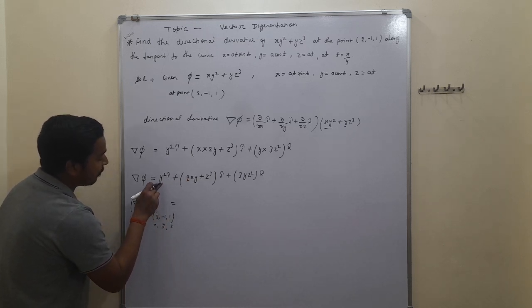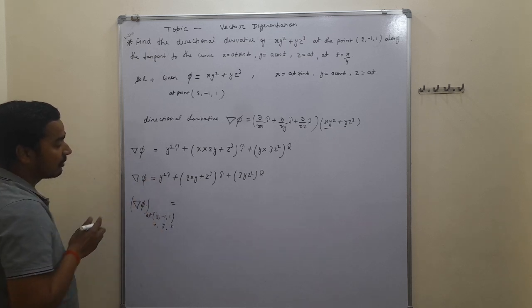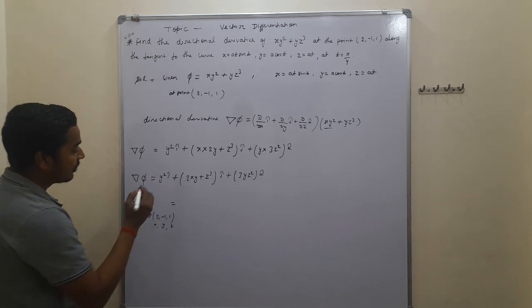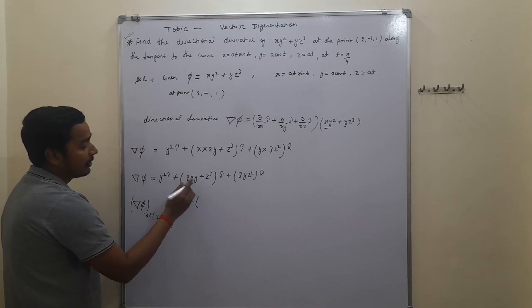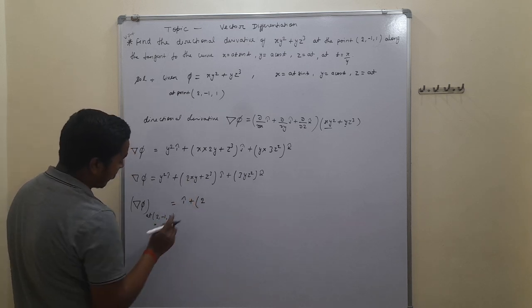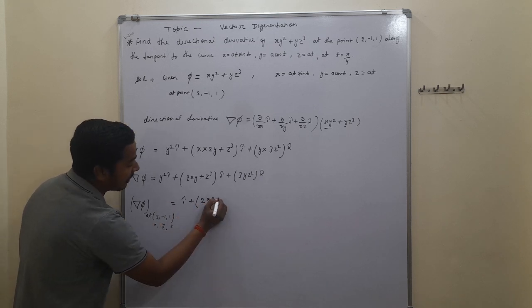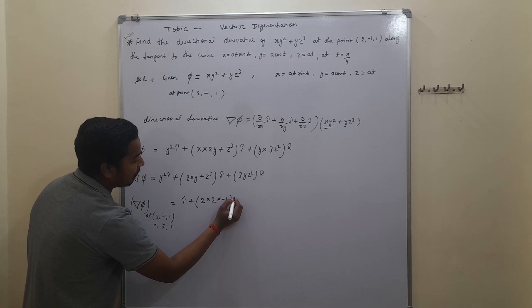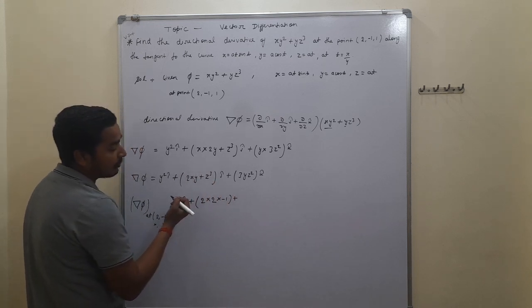In place of y we put -1; (-1) squared gives 1, so we write 1 i cap. Plus, for the j cap, in place of x we put 2, in place of y we put -1, and plus in place of z we put 1, and 1 cubed is 1.